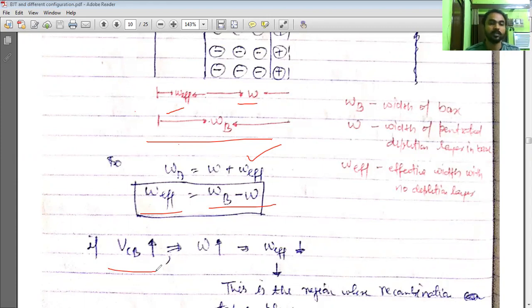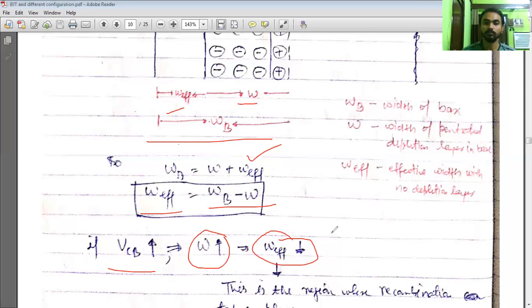So W will increase, and in turn W effective will decrease. This is the region where recombination can happen and contribute to the base current. When W effective is reduced, the base current will also be reduced, and when the base current is reduced, the collector current will be more.